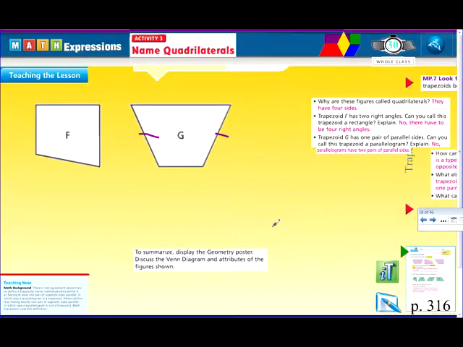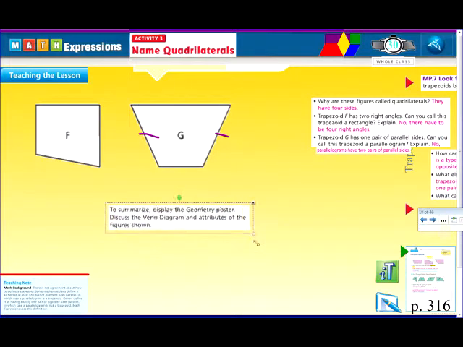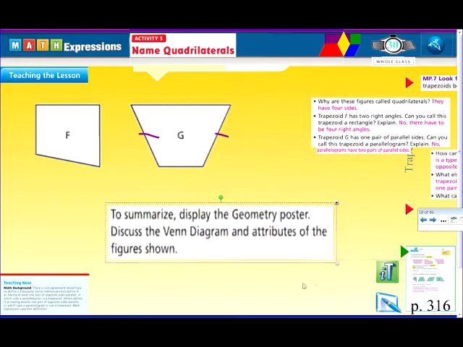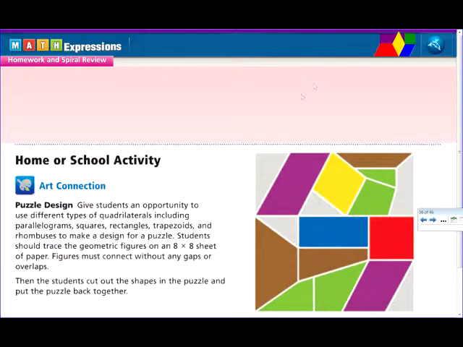I want you to pay attention to the poster in the back of the room because there's a Venn diagram that shows all the attributes of the figures shown. Trapezoids, rhombuses, parallelograms, quadrilaterals. I want you to look at that Venn diagram and notice that some of those things overlap. Let's look at your homework tonight. And before I do, I have an activity for you.